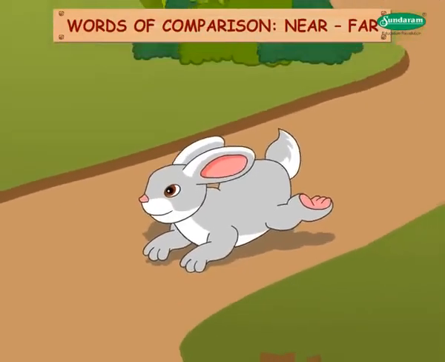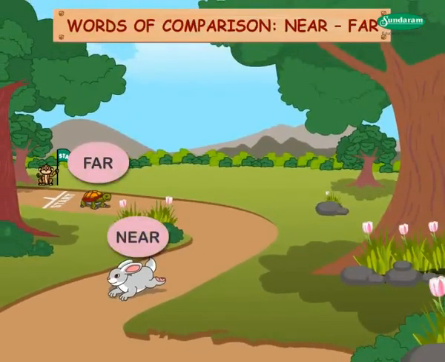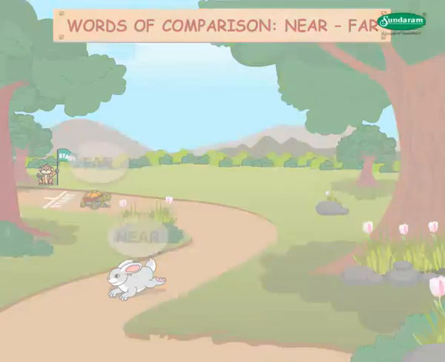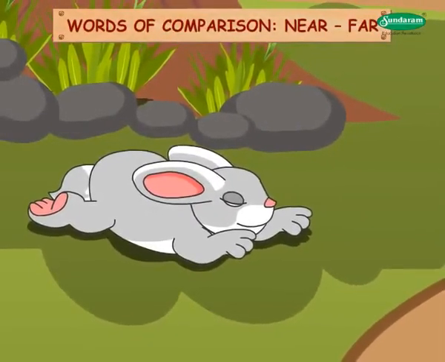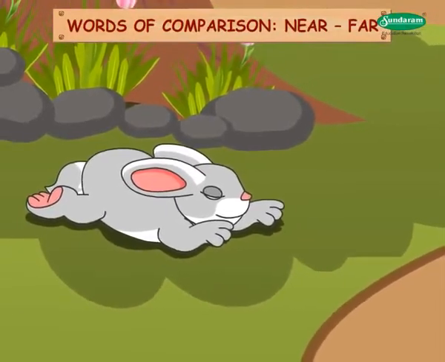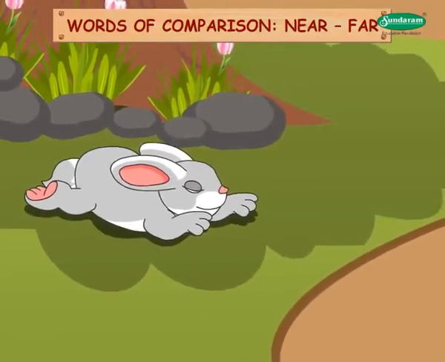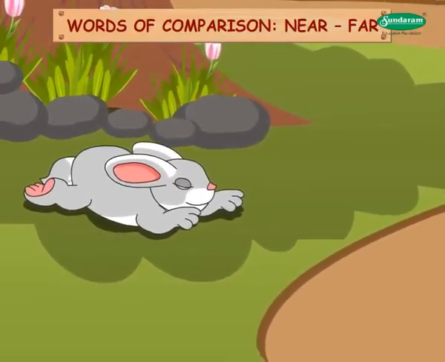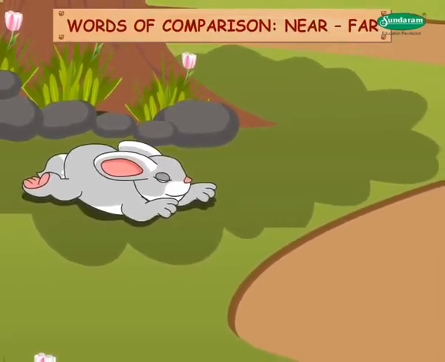He thought it would take a lot of time for the tortoise to slowly come near him. So, he went off to sleep under a tree. The tortoise was not fast, but he steadily kept on moving, and in no time he overtook the sleeping hare and slowly reached the finish point.